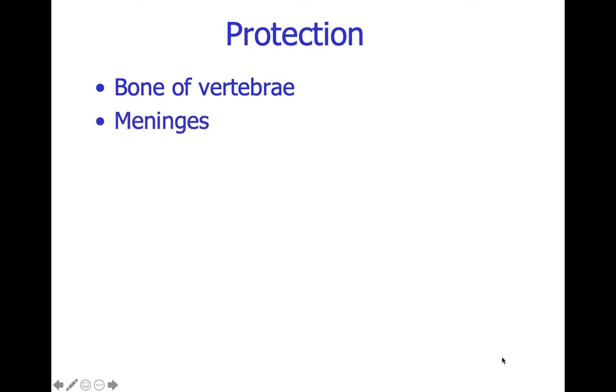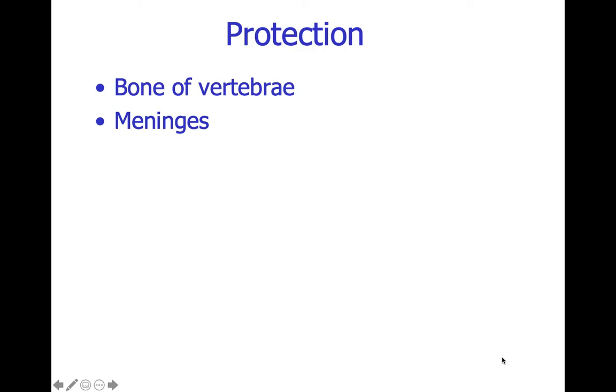But they're not separate structures, they're continuous. We're going to divide them up because we're talking about the spinal cord separate from the brain. The bone of the vertebra, and obviously we're not going to have vertebra for the brain, but there will be bone involved. So, first thing we're going to encounter is the bone, and that's probably one of the most sturdy ways that we protect this delicate tissue.